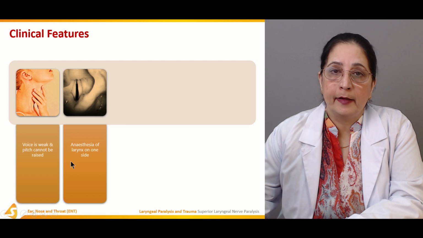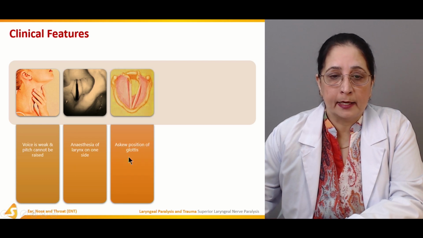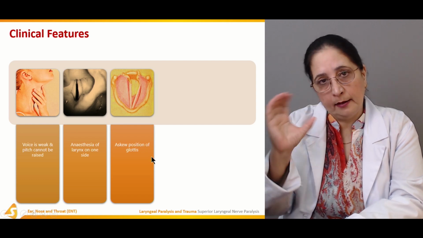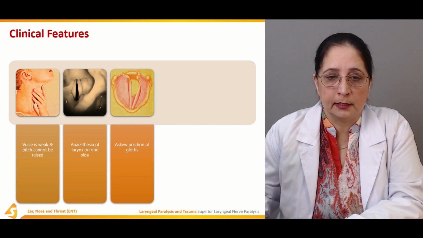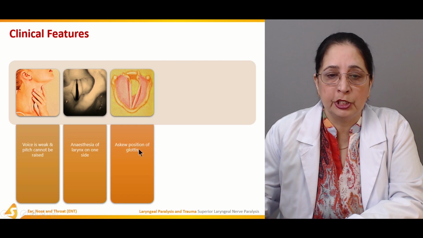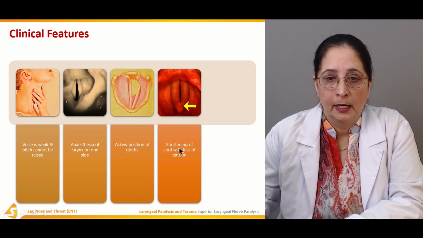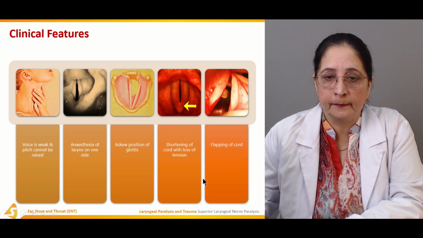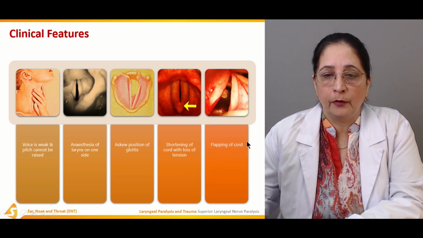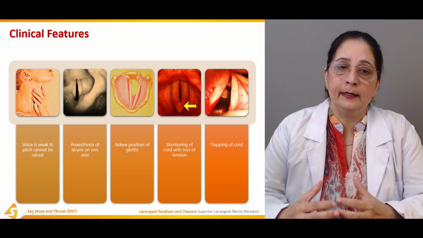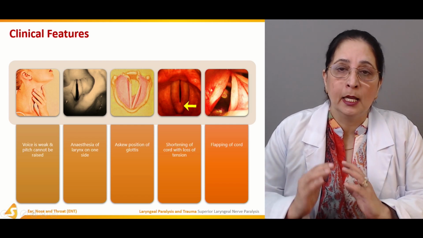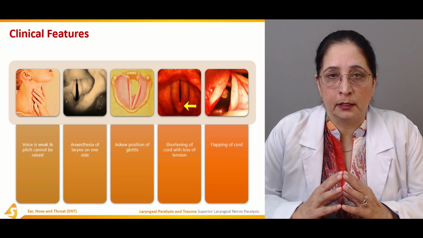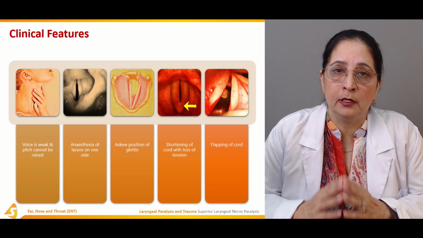Anesthesia of the larynx on one side, askew position of the glottis, not in the middle. Shortening of the cord with loss of tension. Flapping of cord.